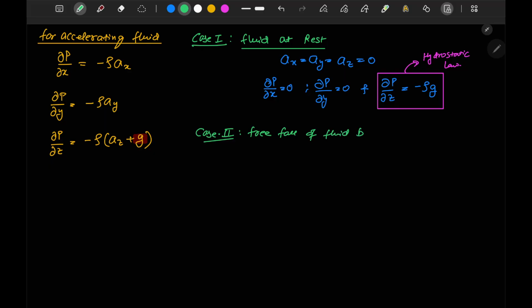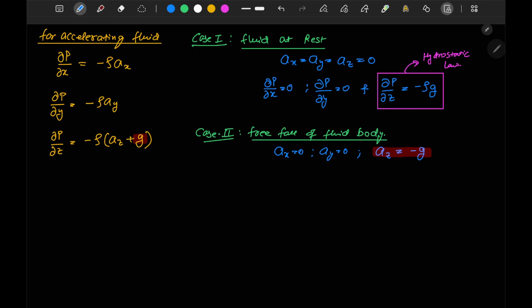In this, what will happen is my ax is equal to 0, ay is equal to 0, but your az value, since it is in the downward direction, will become minus g. So this is your special value here, az will become minus g.